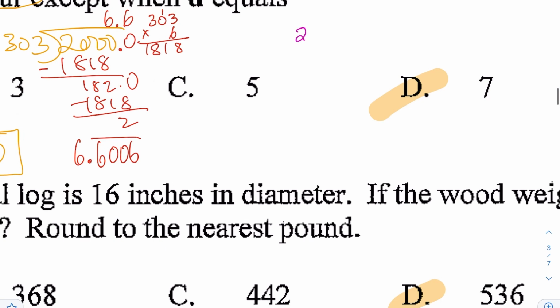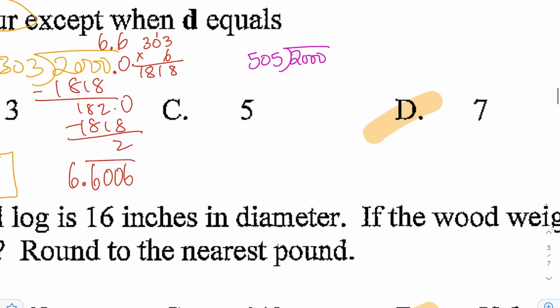All right, then you try 2000 divided by 505. And here, 505, you can multiply by 3. You see the same pattern, 1515. So this would just be 3. And we subtract.